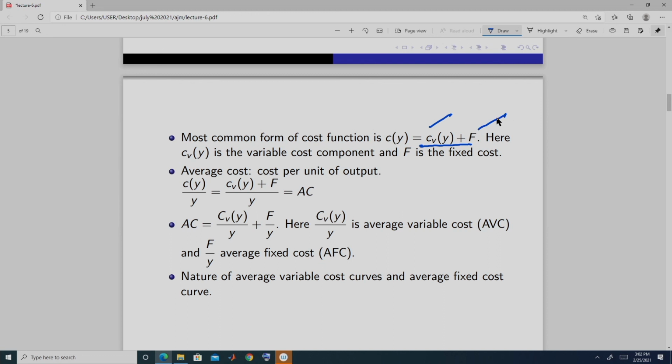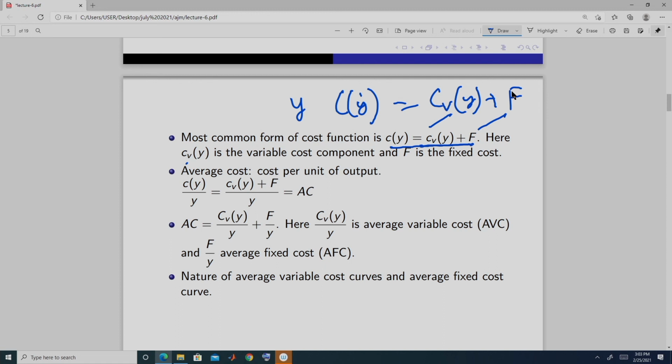Since this is variable, we have put a subscript V, and this is fixed, so we have put F. Now, this function is giving me the total cost. If I want to produce y units of output, total cost is given by this function. It has a variable component and a fixed component.